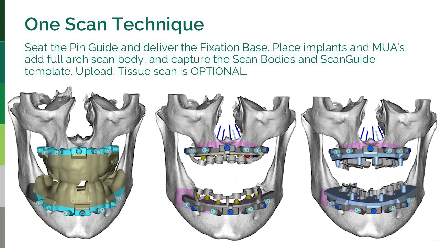And so here's the process. If you're not familiar with the Combi guide, the Combi guide is a delivery pinning guide. It delivers a fixation base. The fixation base holds the osteotomy guide to put the implants in and direct the rotation for the proper positioning of the MUAs. And then you put on the scan guide, which is basically a mask.